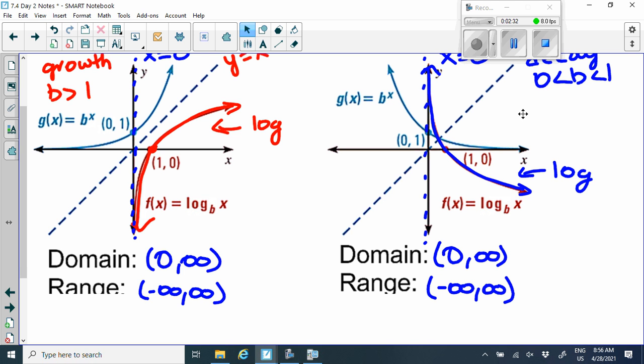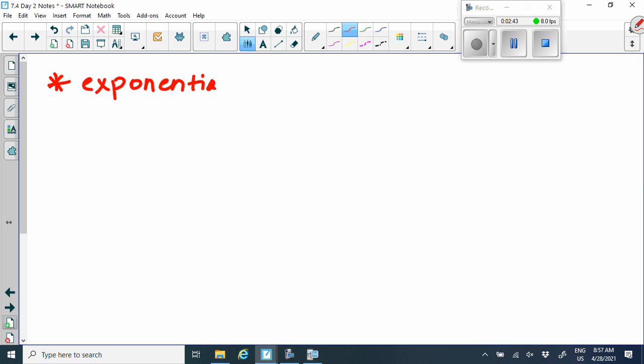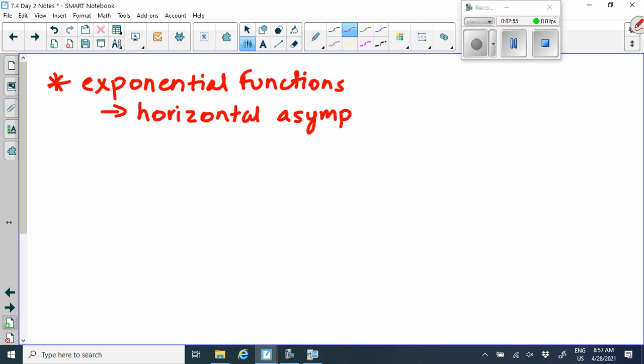Okay, I'm going to add another page here. You might want to write this down. This is kind of just a summary here. So with exponential functions, horizontal asymptote, so that will be y equals a number.